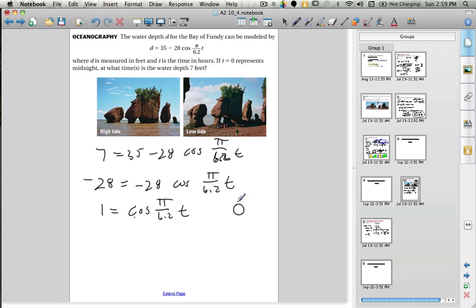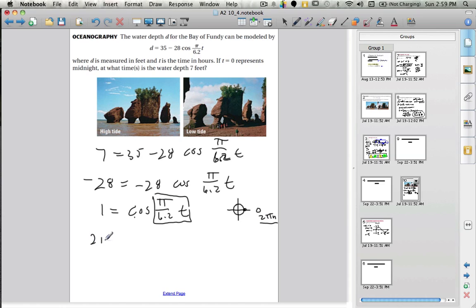Well, the only time that cosine of an angle is equal to 1, right, when my x-coordinate is 1, is right here at 0 degrees, but also as 2 pi degrees. And it would be 2 pi times any number of circles around the circle, 2 pi times n. So I know then that this angle has to be equal to 2 pi n.